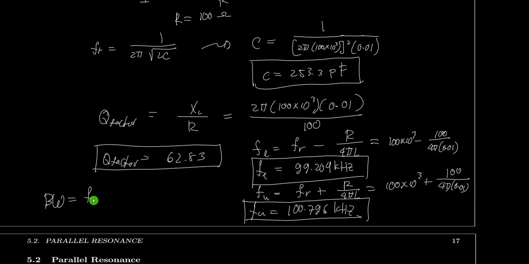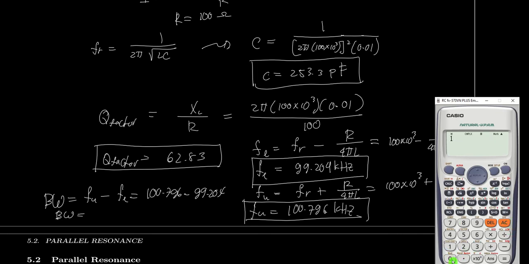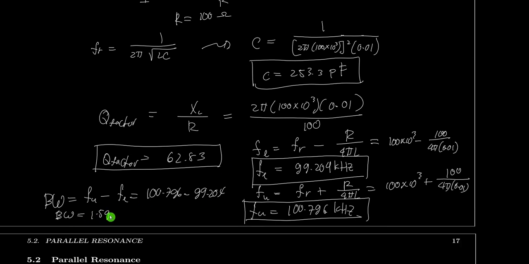So this is just equal to F U minus F L. 100.796 minus 99.204 will be equal to 1.592 kilohertz. So that's how we solve for the bandwidth in terms of the frequency.